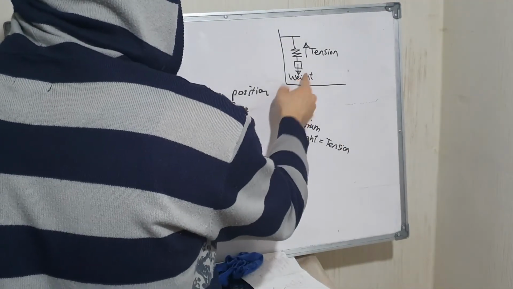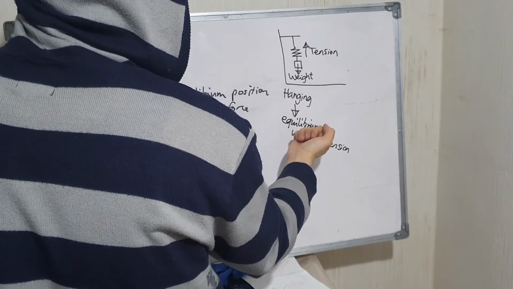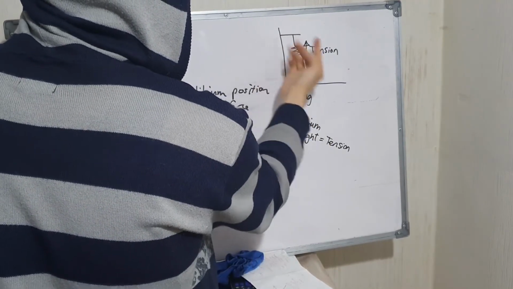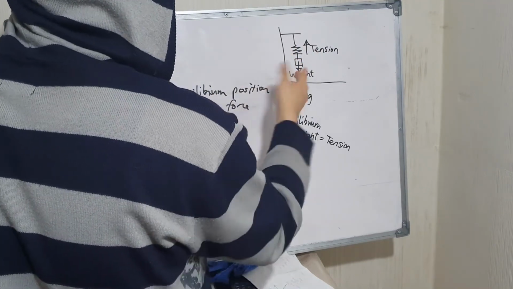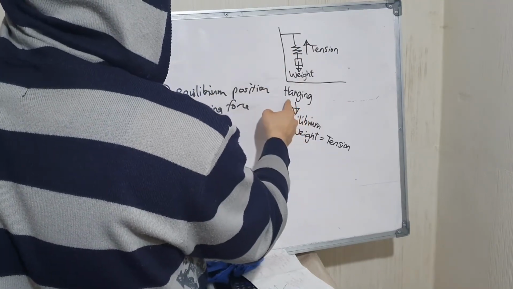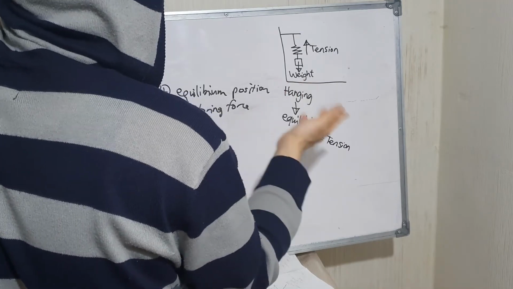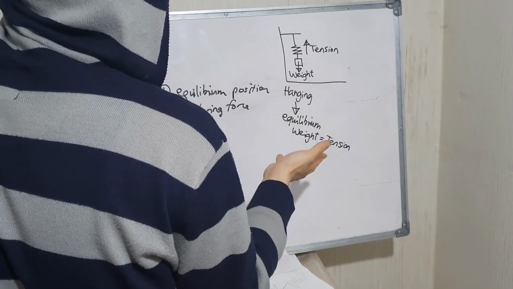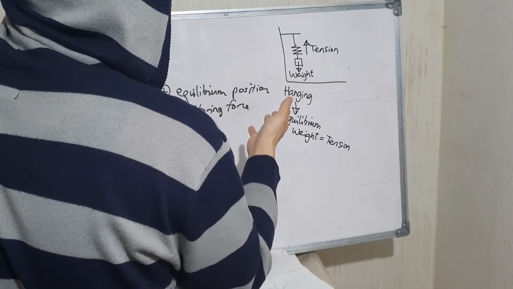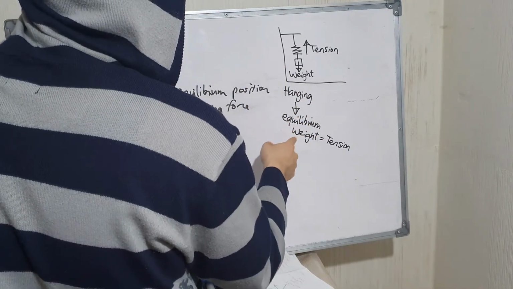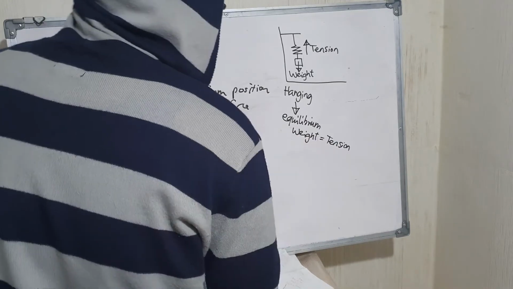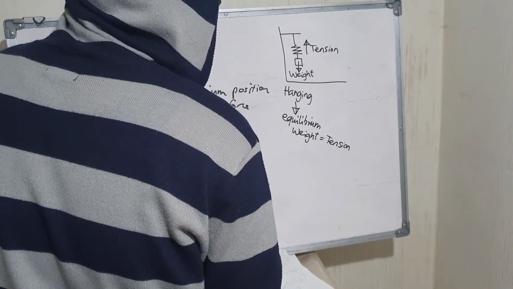So the weight is the force acting down, and there's also another force acting up, and that's the tension in the spring. Because you've let it hang, and assuming that it is not accelerating, it's not moving, there's no resultant force. That means it's equal. So the weight is equal to tension.